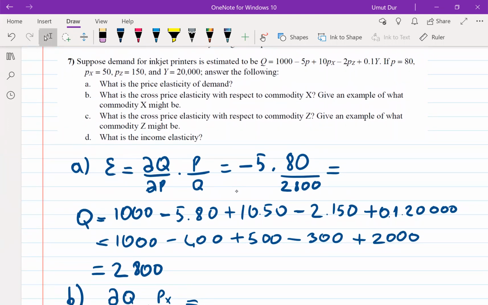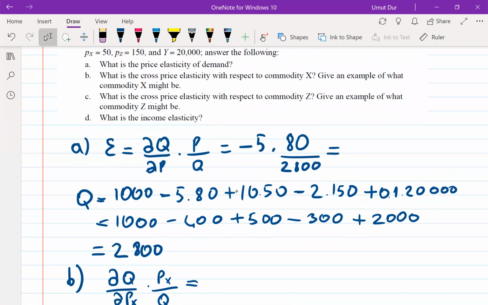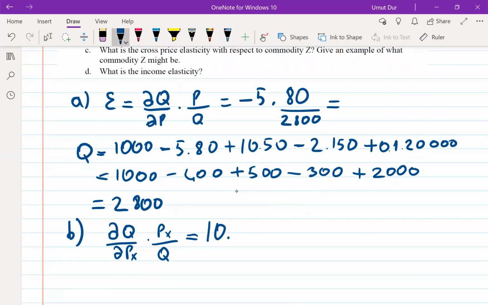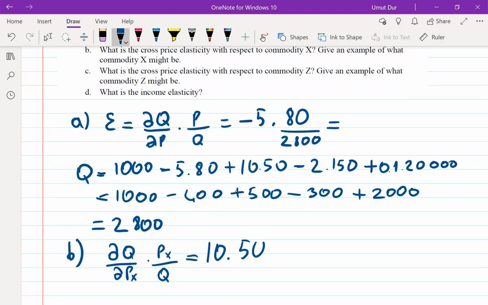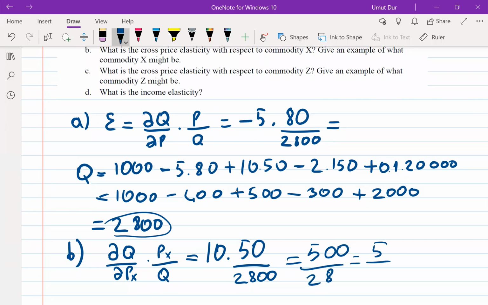It is 10. Times Px, which is equal to 50, and we already found the value for Q. If we do the math, we will have 5 over 28. The exact value is important, but what is more important is that it is greater than 0.